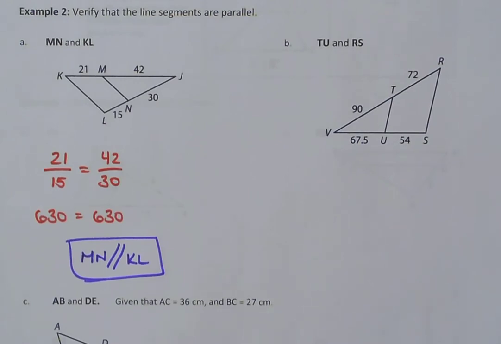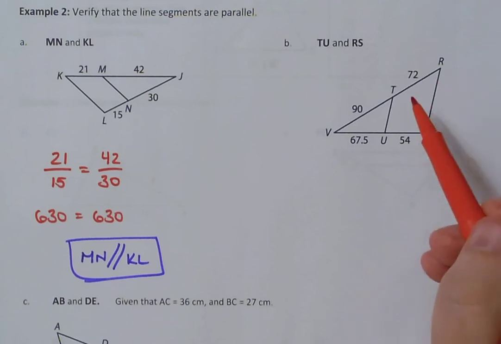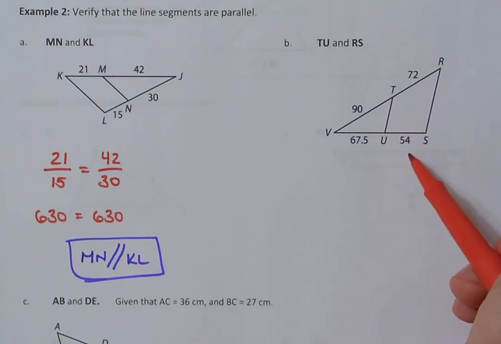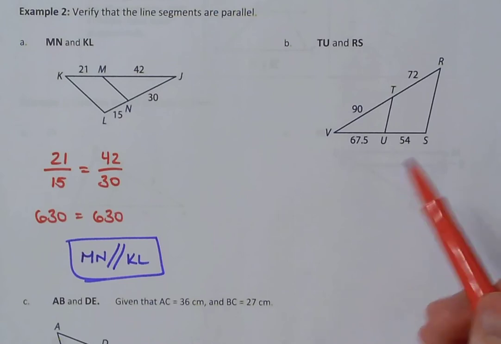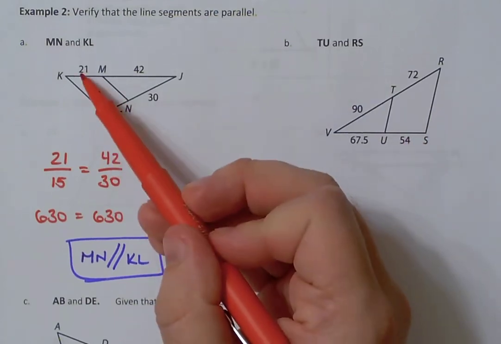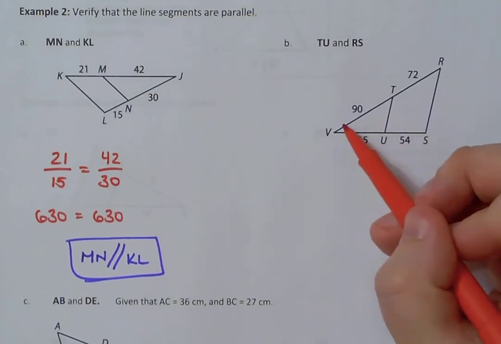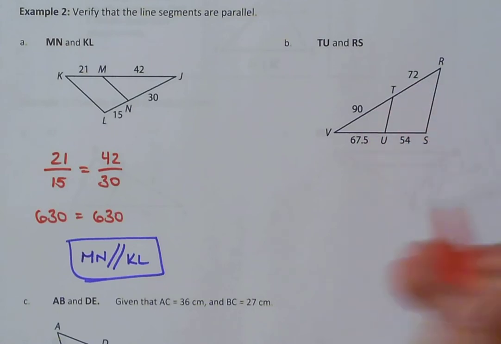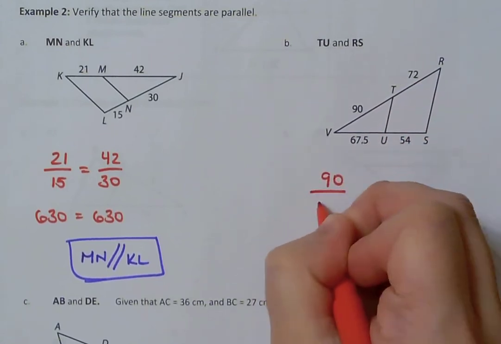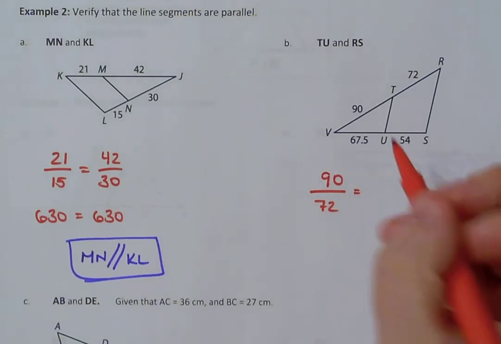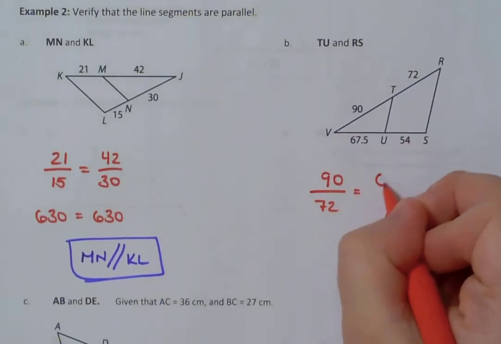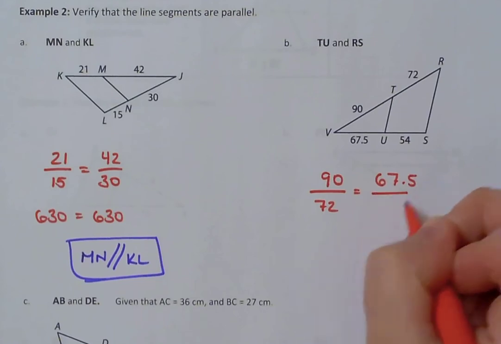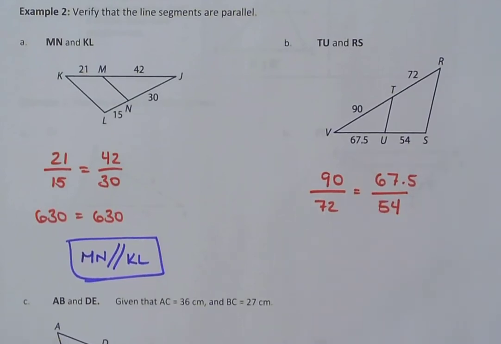Now, briefly, let's talk about part B, just to give you another one to reference. We need to verify that TU and RS are parallel to each other. Before, I did top to bottom, top to bottom. This one, let's stick with top, top, and then bottom, bottom. So 90 over 72, we need to figure out if that is proportional to 67.5 over 54.